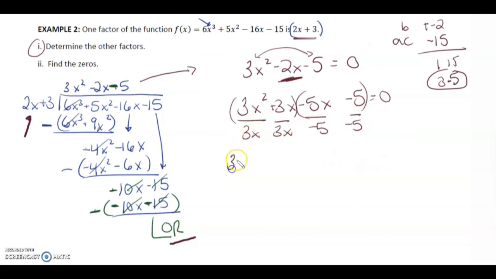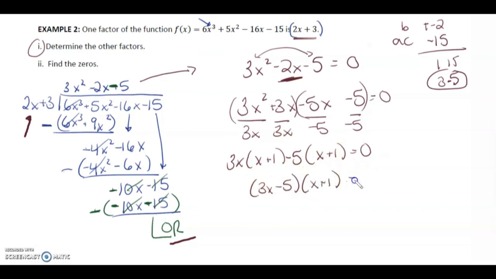Factoring out 3x, what's left over? x plus 1. Factoring out a negative 5, what's left over? x plus 1. Now we have 3x minus 5 times x plus 1. Those are our other two factors.